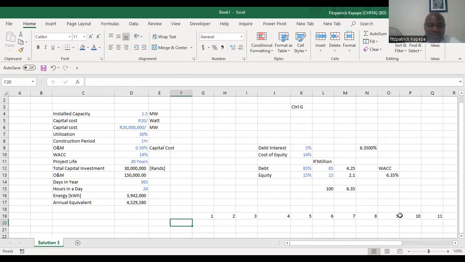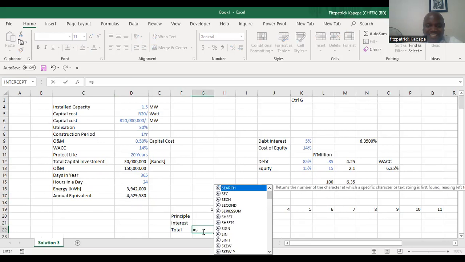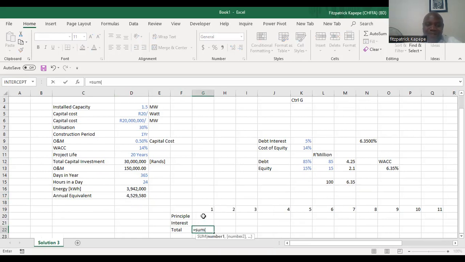So we have the principal, we have the interest. This is the total cost, annual total cost, which should be equivalent to the annual. Please check. If it doesn't work out, then I'll be very disappointed. So you have these two numbers there.